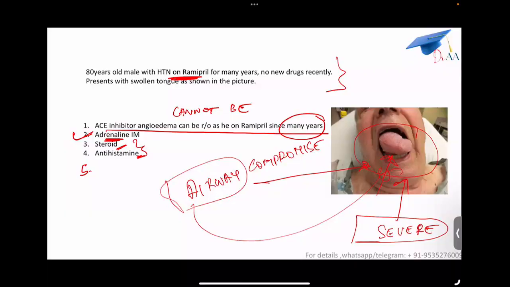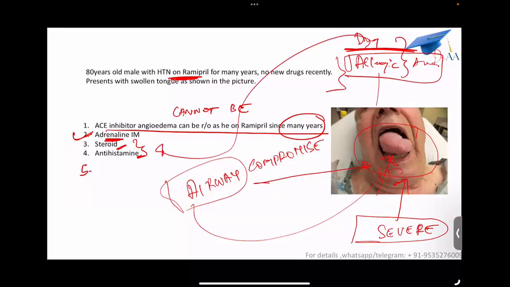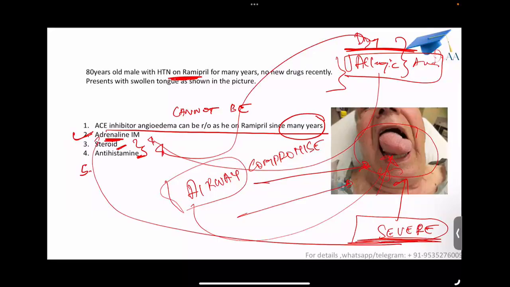Steroids and antihistamines are given only in allergic cases. So we have a differential diagnosis. First, drug induced. Second, allergic induced angioedema. There is no treatment option given for drug induced angioedema. The treatment options given are all for allergic induced angioedema. So we can assume this might be allergic induced angioedema in a severe form. So we prefer adrenaline over steroid and antihistamine. Is it clear? Thank you.